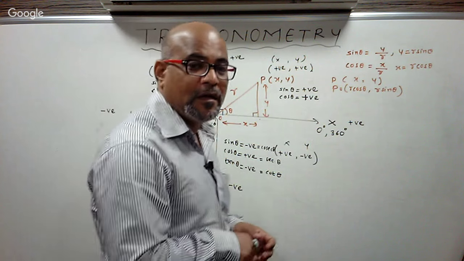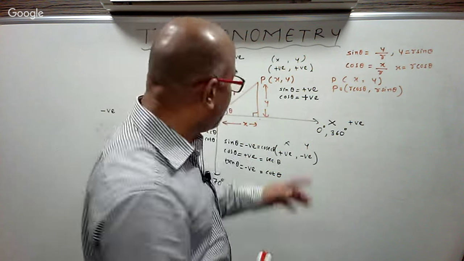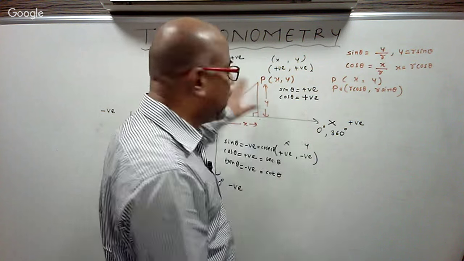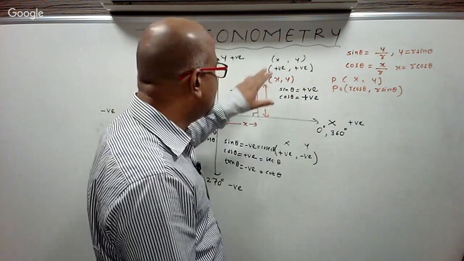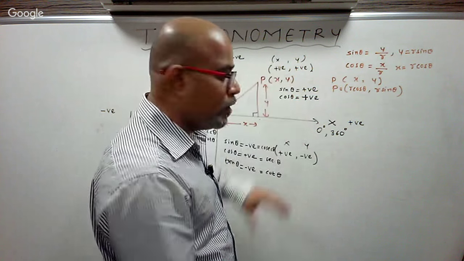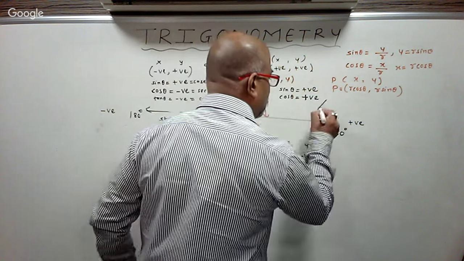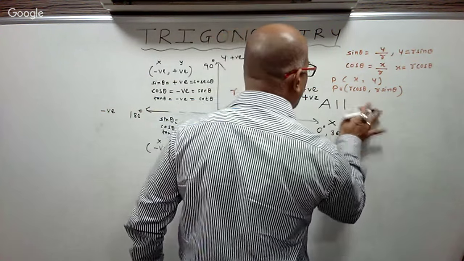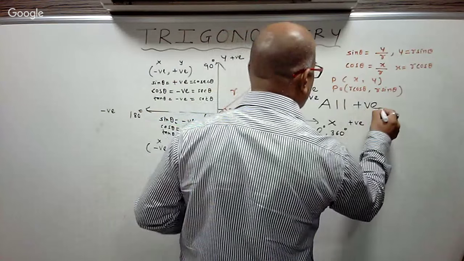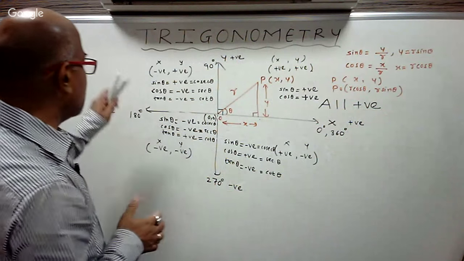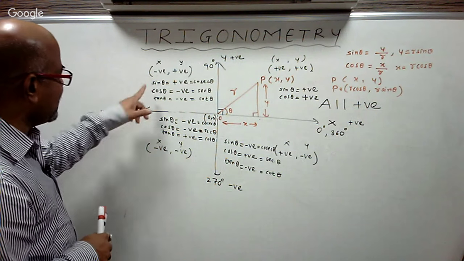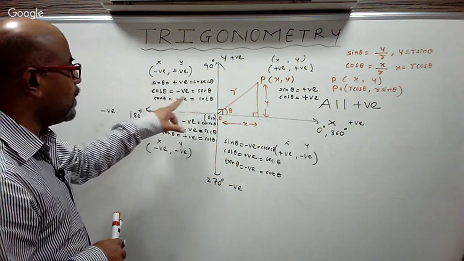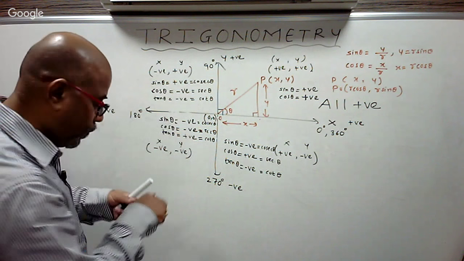Understand this concept? In the first quadrant, for the angle between 0 to 90 degrees, all trigonometric ratios are positive. In the second quadrant, if you observe, sine is positive and cos, sec, tan, cot are negative.